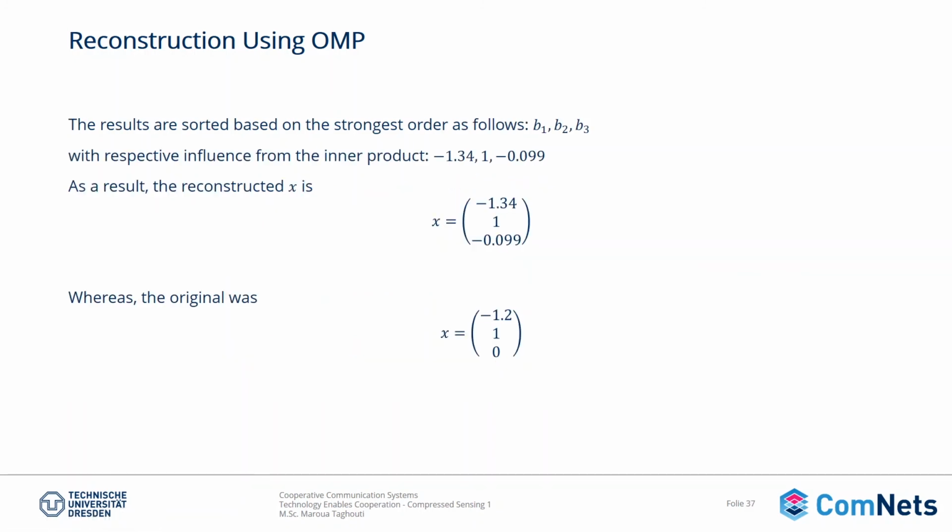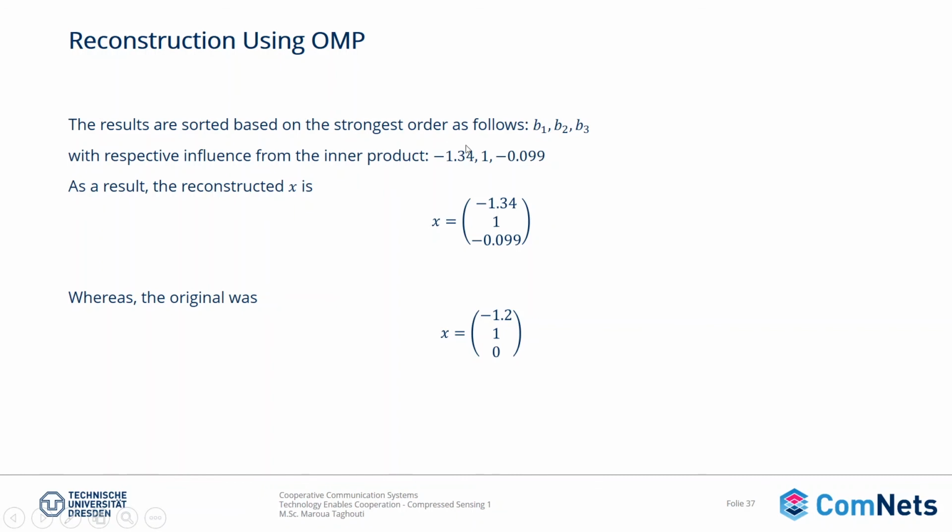Okay, so the results are actually sorted based on the strongest order as follows. In this example, B1 was the strongest, then B2, and then B3. In another example, it might be B3 is the strongest, or well, the first one that has been used, so it has to be really the first one, and so on.